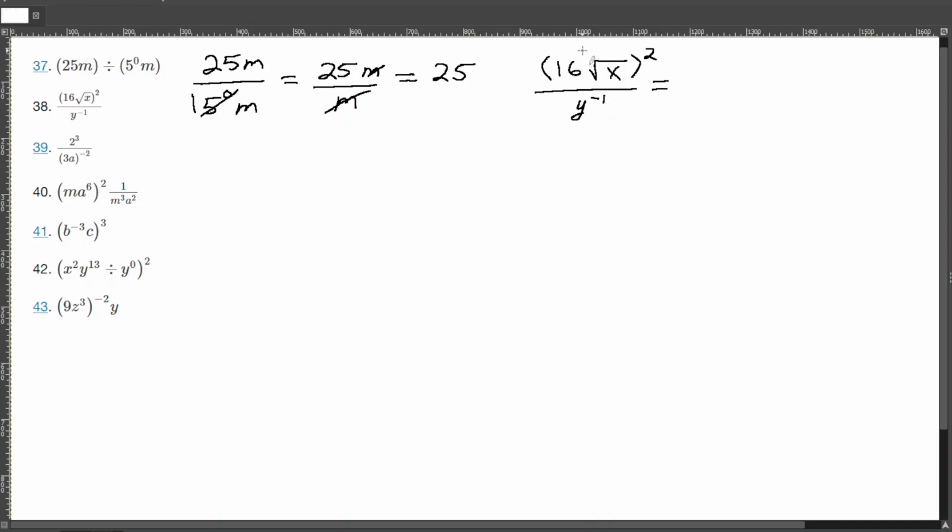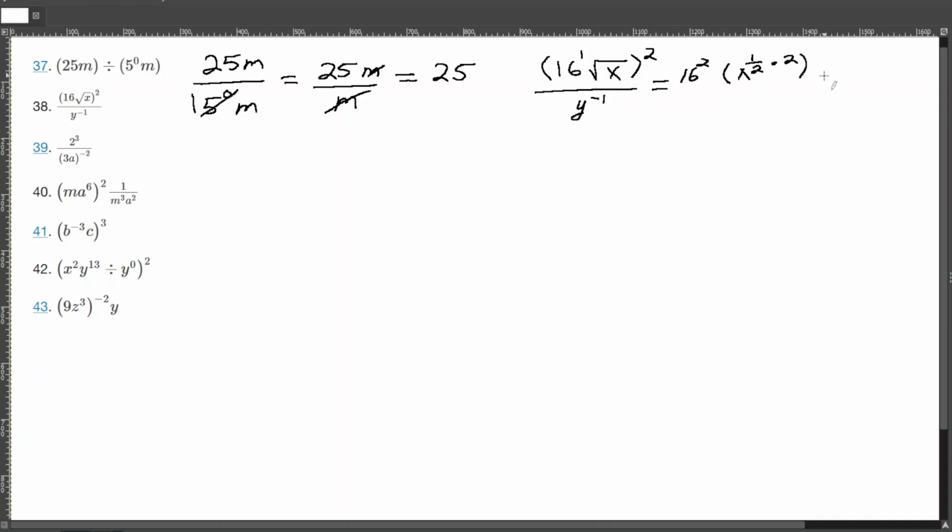We have 16 to the first power, so that's 16 to the second power, right? It's just 1 times 2. Now, the square root of x can also be viewed as x to the half power, so that would be x to the half power times 2. And 1 half times 2 is just going to be 1, so it undoes the square root.